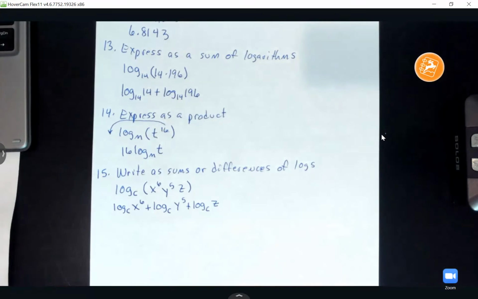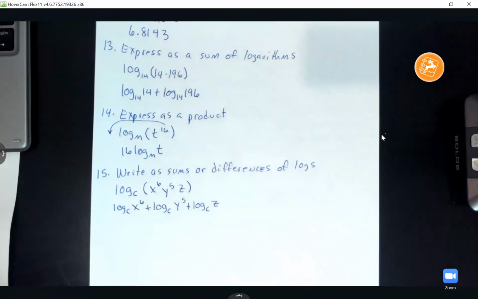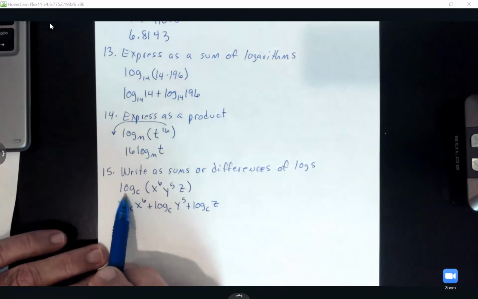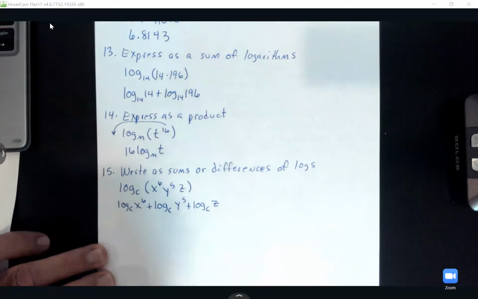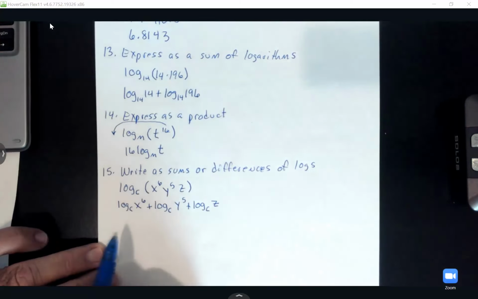But if you remember, there's one more thing I have to do to this answer. That would be the ones with exponents. We have to do the power rule and bring those exponents down to the front.